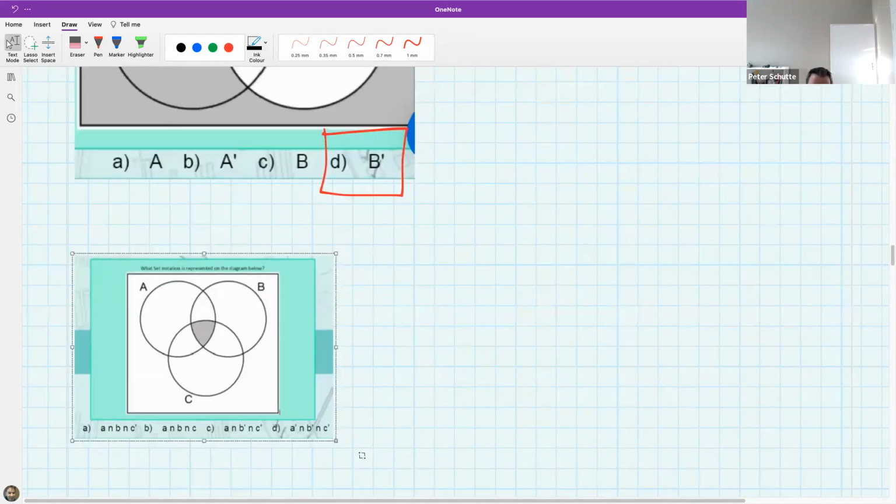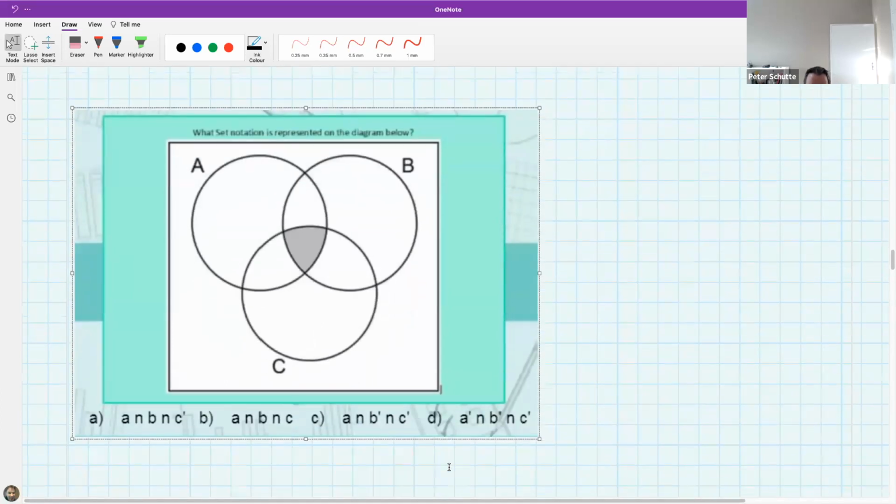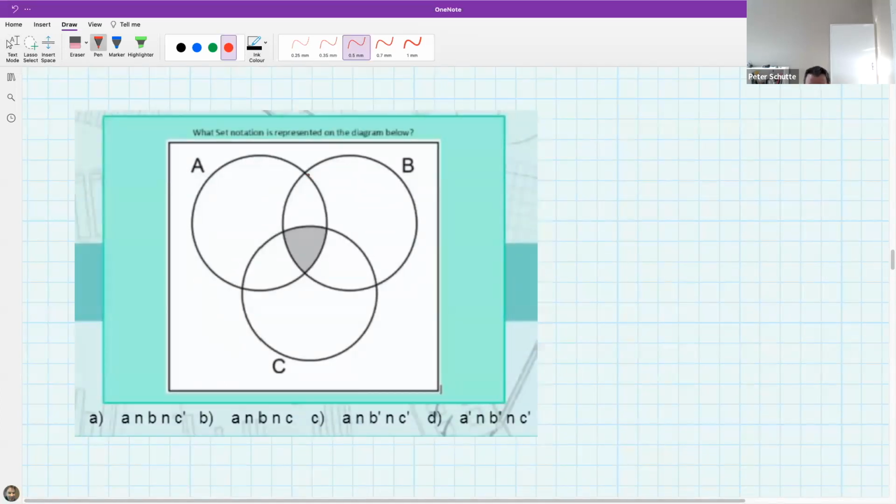Then what about this one? What we have here is 3 events that are intersecting. Now, these 3 events intersect like this. I want to know, how would you represent this region over here?